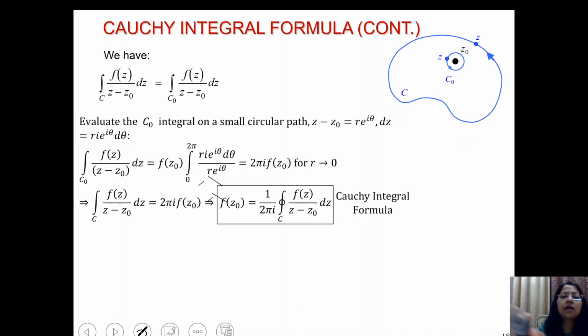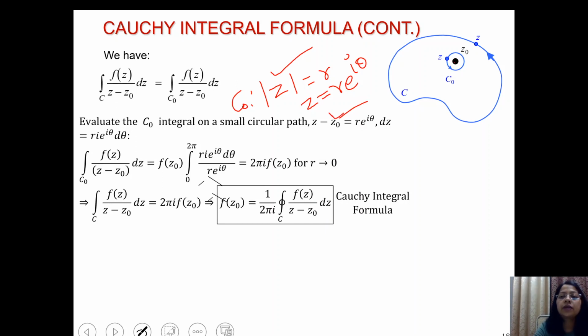So C0 is a circle, so we can write its equation as mod z equal to small r. If I remove the mod, I will write this as r e raised to the power iota theta. This is the equation for a center at the origin, and this is the equation for a center at z0.